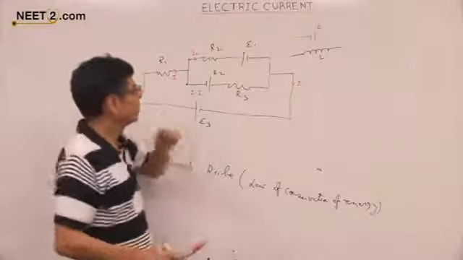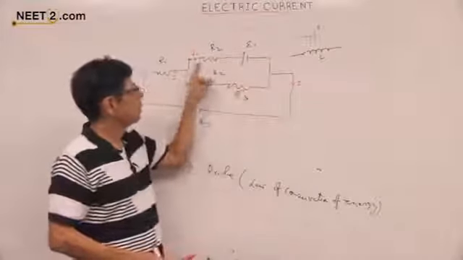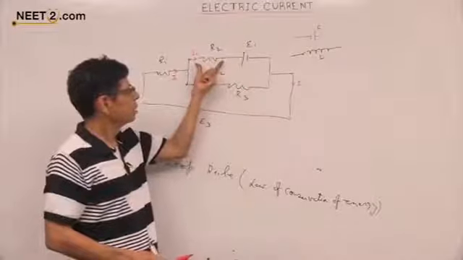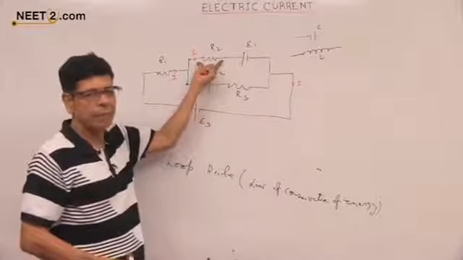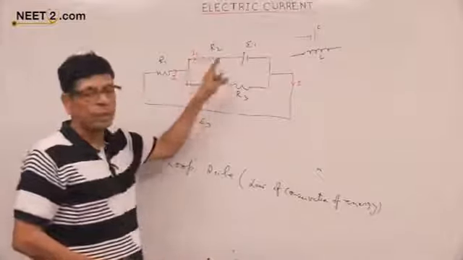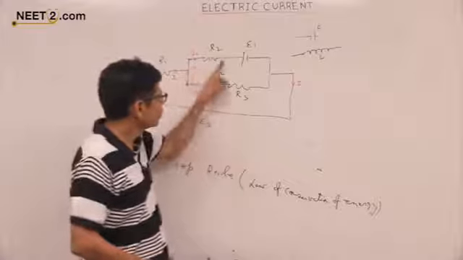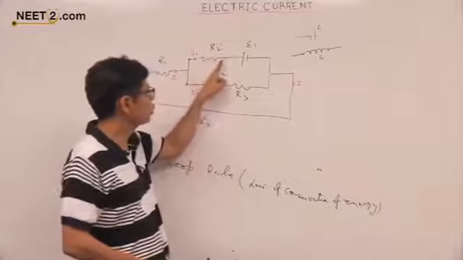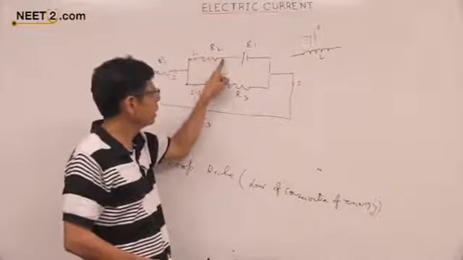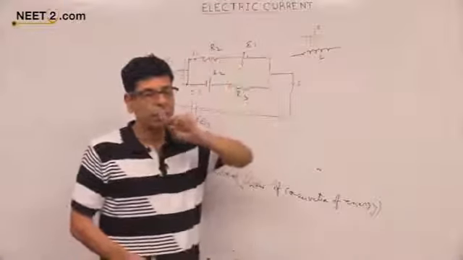It says algebraic sum of potential differences across various elements. So what does the word algebraic here mean? It means that the potential difference could be written as positive or negative. So whatever is the potential difference across these two points, that has to be written. Suppose it is 20 volts, then I have to write 20. But one thing is not clear to me.